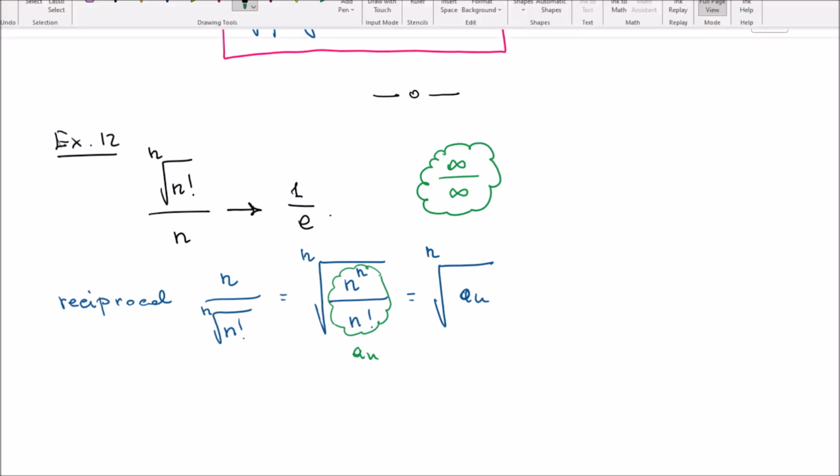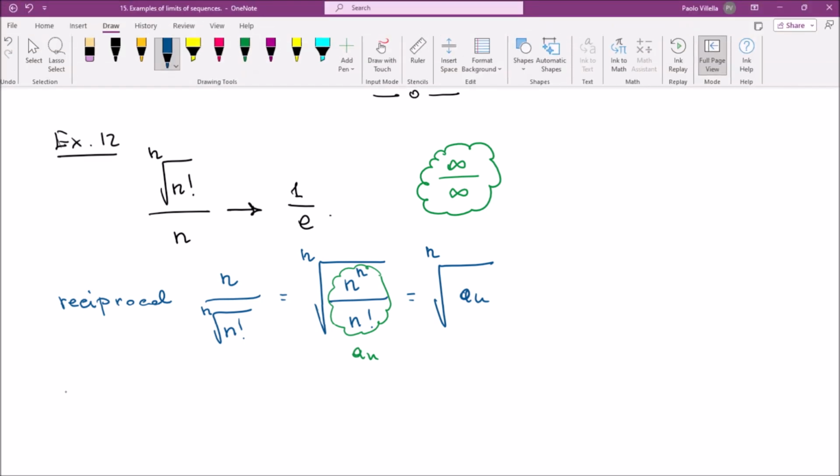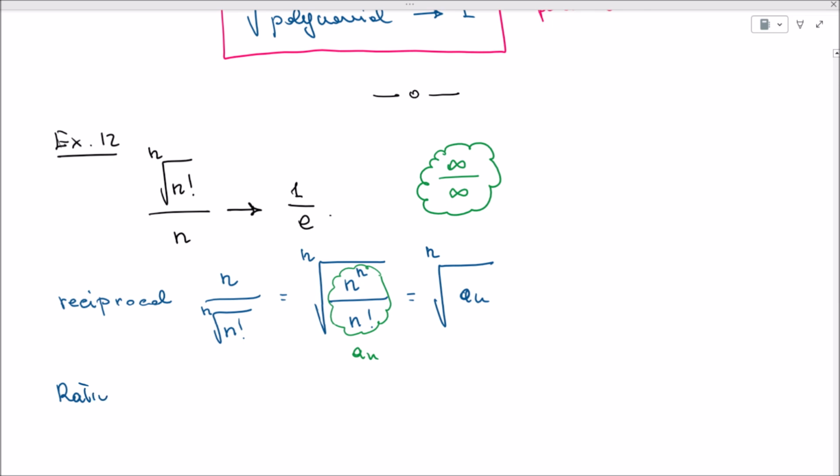So now we can apply the ratio root criterion. In fact, we are looking now at the limit of the nth root of an, and we know that we can get this limit if we find the limit of an plus 1 divided by an, which in this case is nothing else than n plus 1.